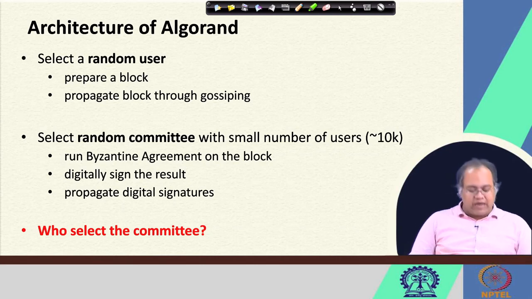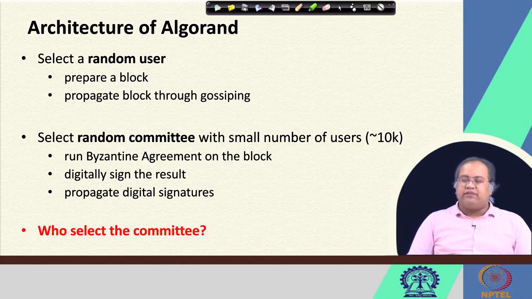Now, to validate that block, we again select a random committee with a small number of users, around say 10k users. 10k users is something like a small number, because you are talking about millions of users in the network. We are not going to use all those millions of users to validate the block, rather we are going to select a subset of it. This random committee runs Byzantine agreement on the block that is proposed by the random user.